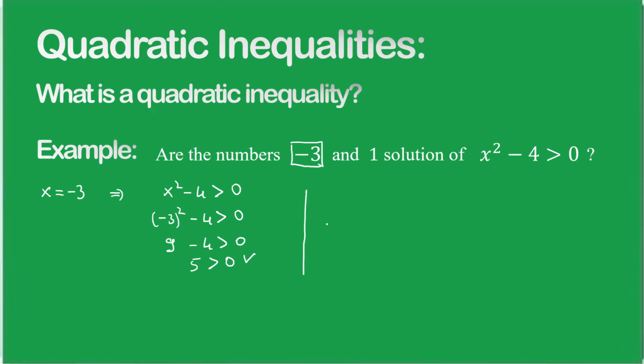What about 1? Now let's check the number 1. The same way again, we have to substitute the number 1 instead of x. Now it is 1 squared minus 4 greater than 0. Now let's check. 1 minus 4 greater than 0. Minus 3 is greater than 0. No, it is not true. Then 1 is not a solution of this quadratic inequality.